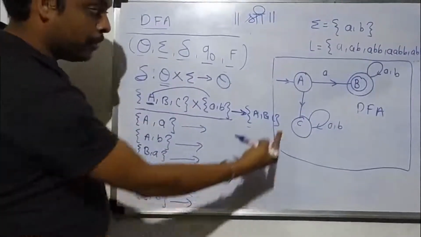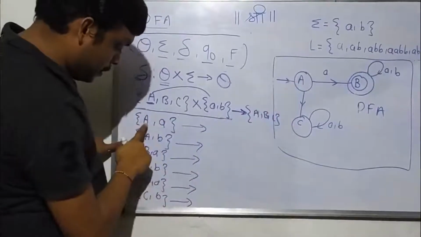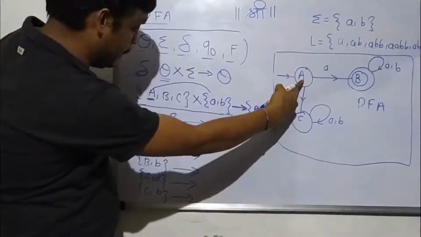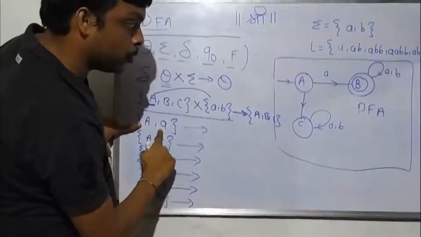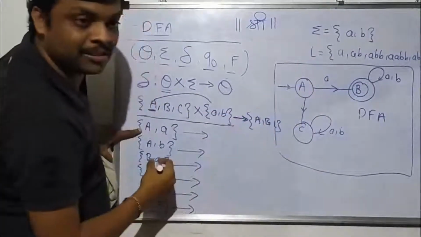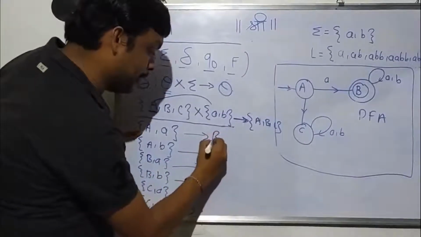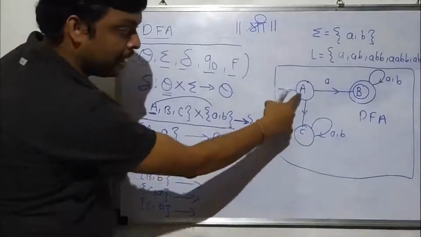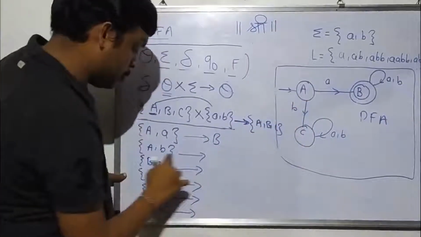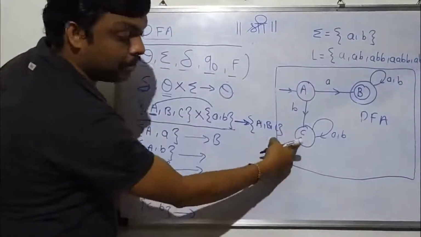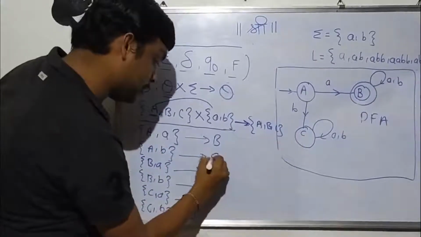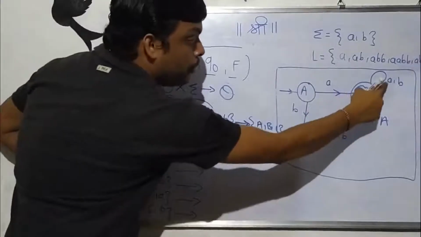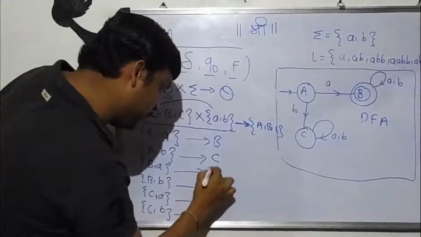See, you have to observe this diagram. Whenever you are in state capital A, if you observe input small a, then the resultant state is capital B. Whenever you are in capital A and observe small b, the resultant state is C. Whenever you are in capital B, observing a, you will be in B only.